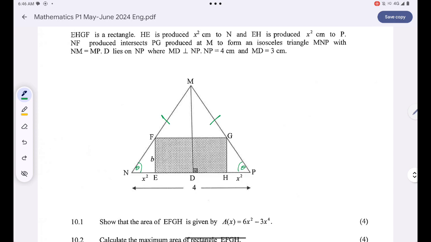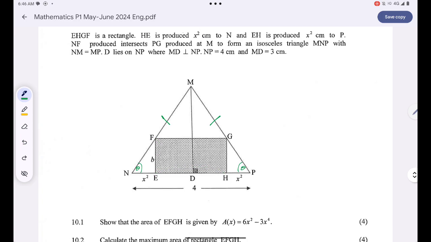Firstly, they want us to show that the area of the rectangle is given by that. Okay, so how can you find the area of the rectangle? We must know the length of B as well as the length of EH. All right, together. We can find the length of EH. That's quite easy. Why?